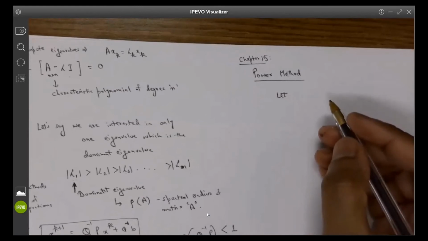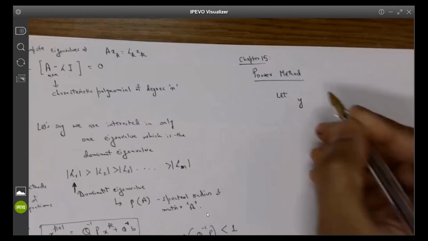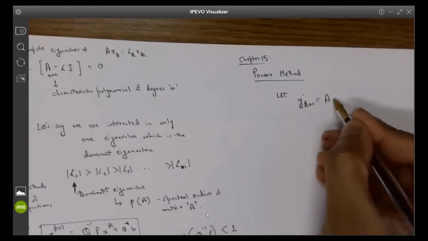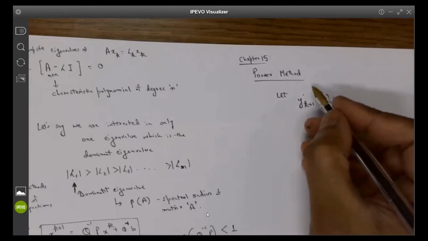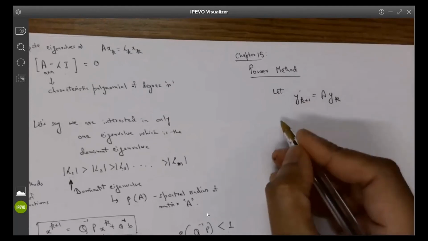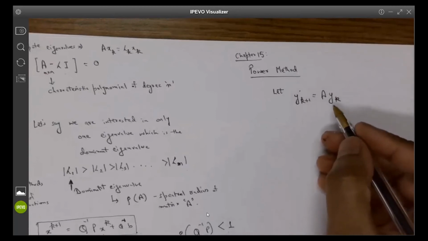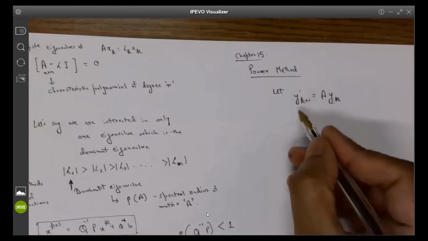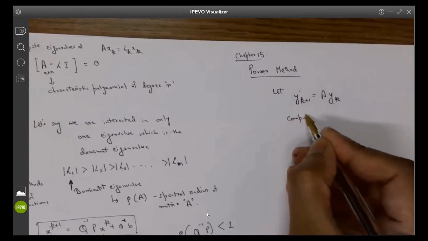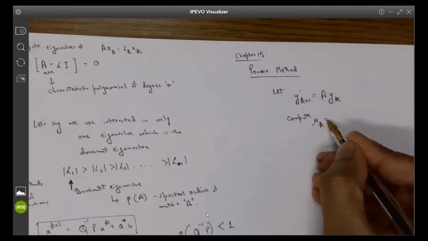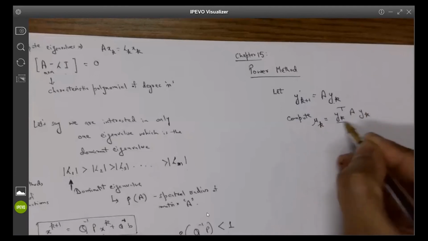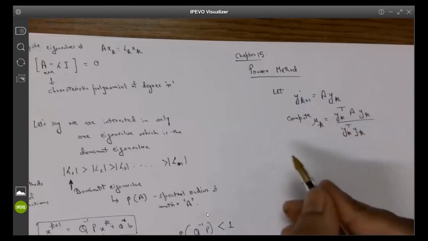Let y(k+1) be given by A times y_k. Compute mu_k as y_k transpose A y_k divided by y_k transpose y_k.